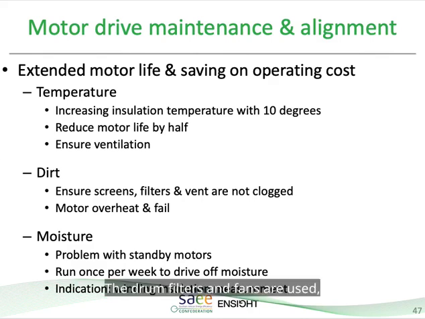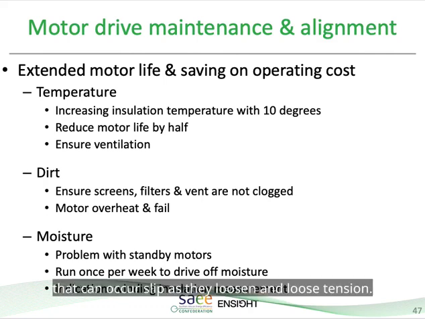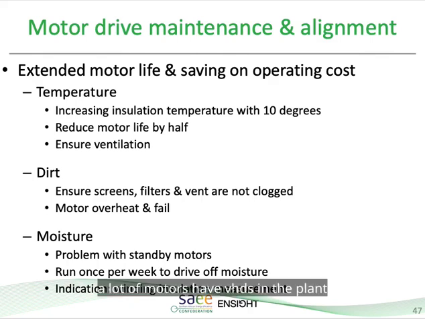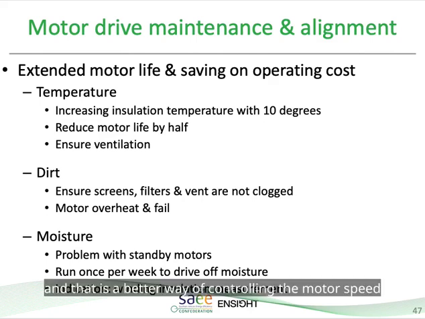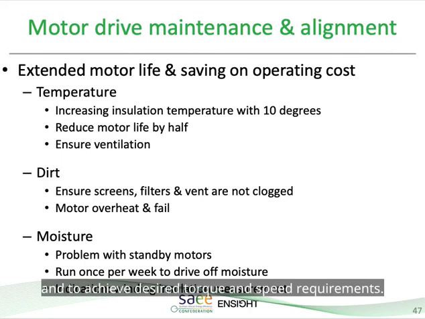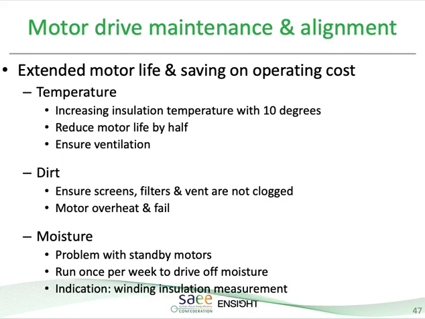The drum filters and fans are controlled using belt drive systems that can slip as they loosen and lose tension. As can be evident as well, a lot of motors have VSDs in the plant, and that is a better way of controlling the motor speed in order to reduce energy and to achieve desired torque and speed requirements.